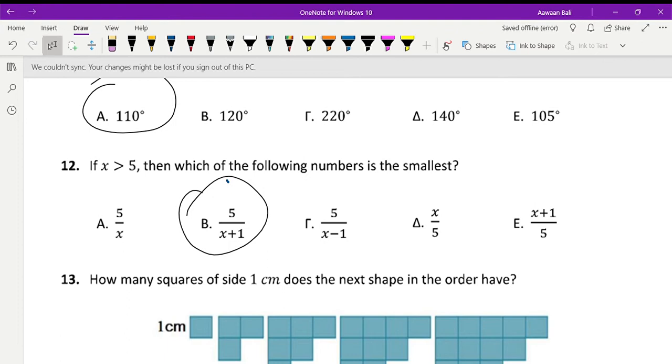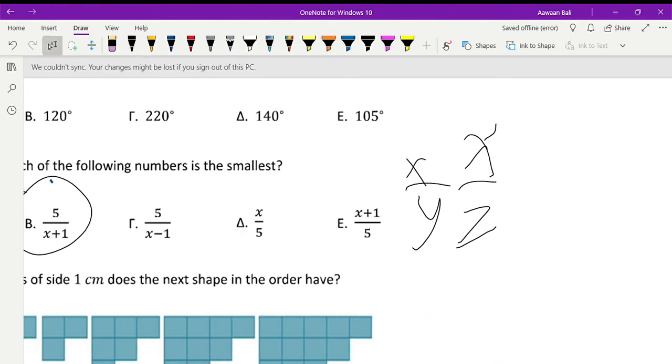If we have the same numerator, like x upon y and x upon z, and y has a smaller denominator, then it's the bigger fraction. And if z has a bigger denominator, that's the smaller one.